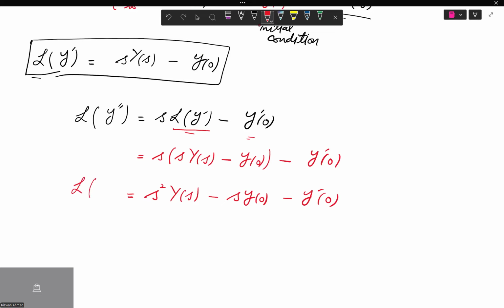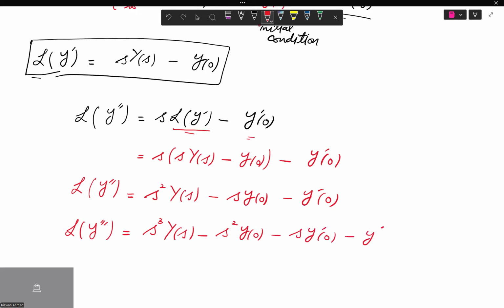So we can inspect a pattern in this expression. Similarly, Laplace transform of y triple prime can be written as s cubed Laplace of y function minus s squared y of 0 minus s times y prime of 0 and minus y double prime of 0.